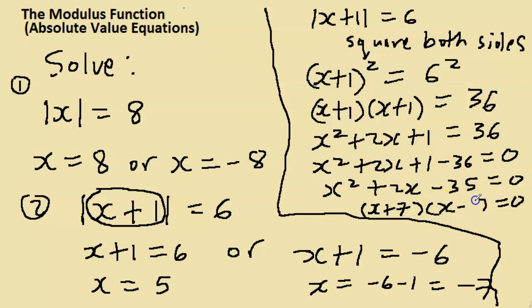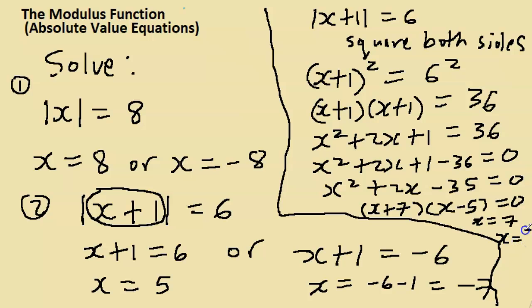To test if this factorization is correct, we can just expand the brackets and we should get this quadratic. If you equate both brackets to 0, x plus 7 equal to 0 means x is negative 7. And if you equate x minus 5 to 0, you get x equal to 5.